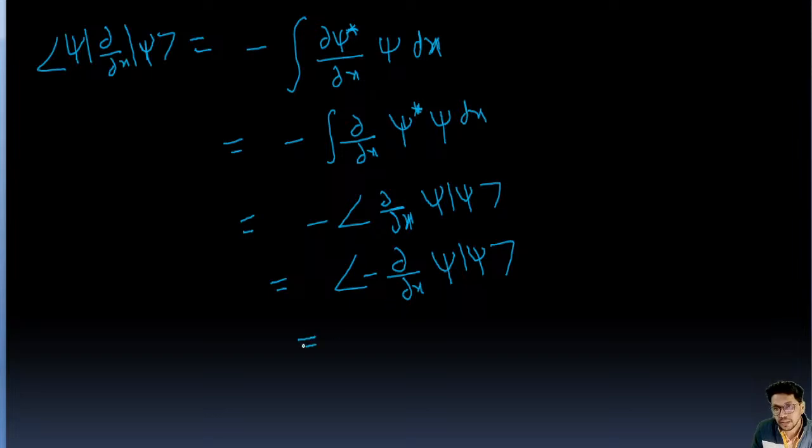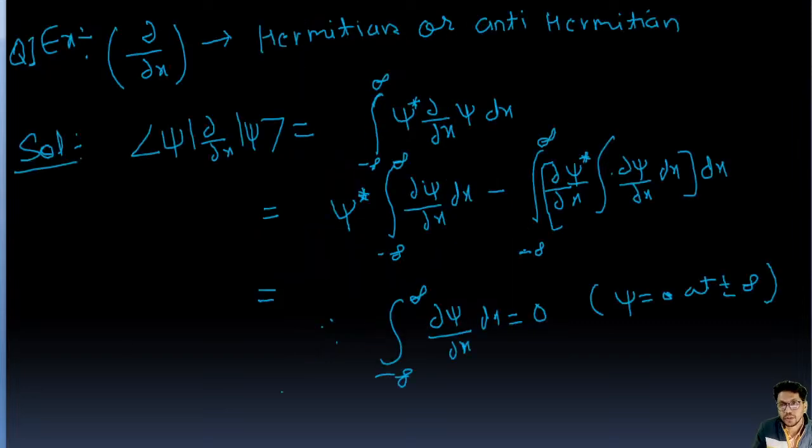It implies anti-Hermitian. So the operator del upon del x is an anti-Hermitian operator. So you understood, right? This is very important for Hermitian.